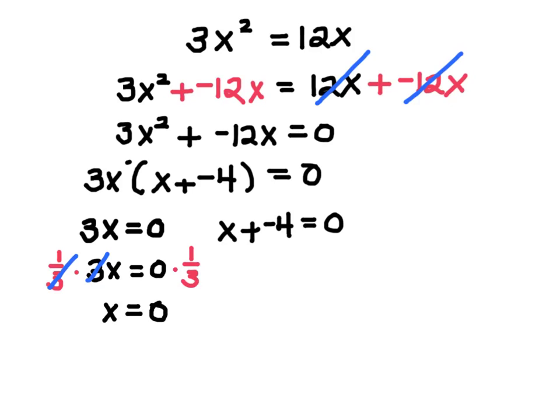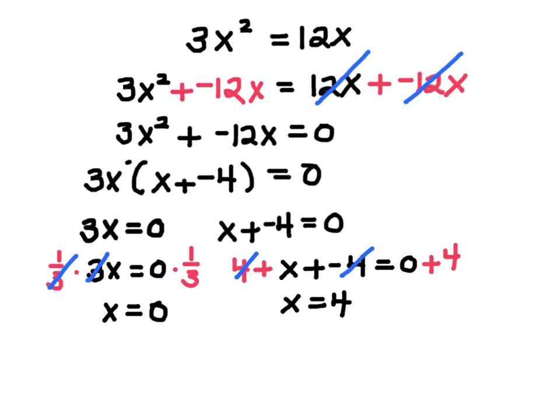So x equals 0. In our second equation, where we say x plus a negative 4 is equal to 0, we're going to add the additive inverse of 4 to both sides to keep it balanced. And we know that 4 plus a negative 4 is 0. That gives us an x on the left and a 4 on the right.